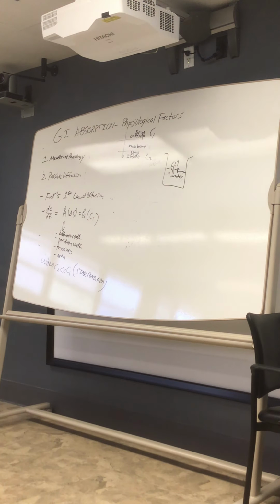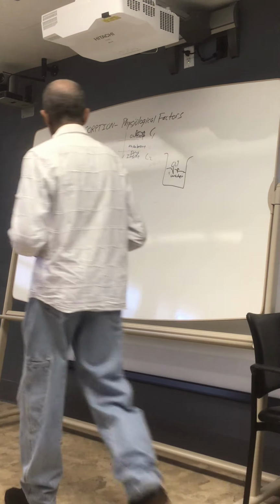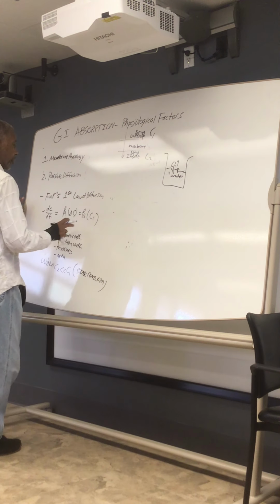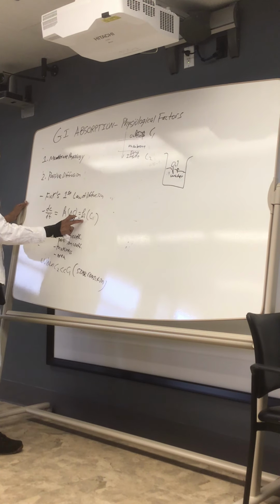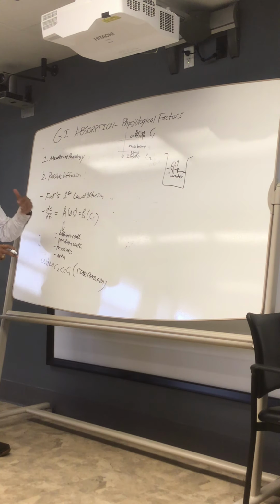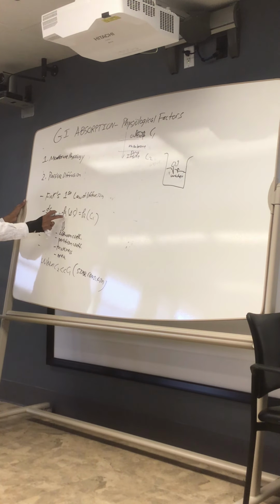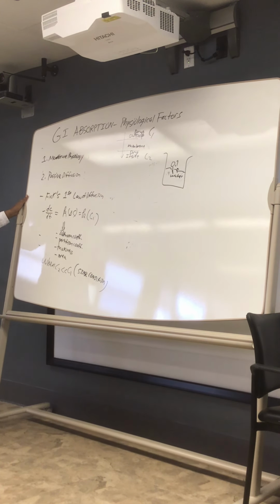All right, so I'll move on. This equation just says that the rate of absorption is proportional to this K. I don't know if I told you this when we were doing the one compartment model with IV bolus dose, but sometimes this K is referred to as a proportionality constant. It's more appropriately referred to as a first order rate constant.